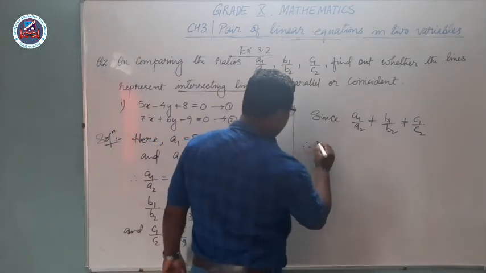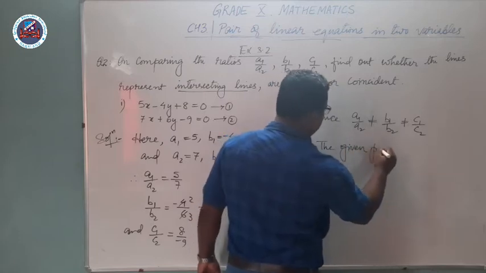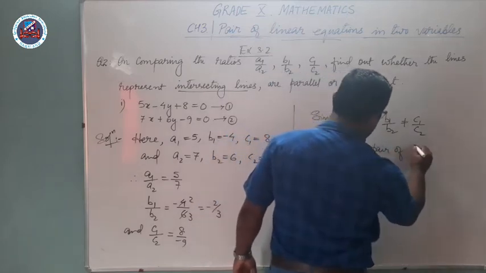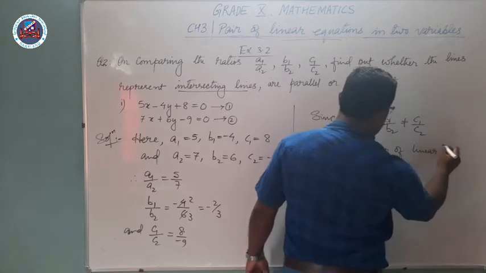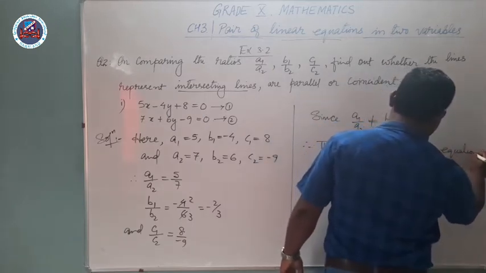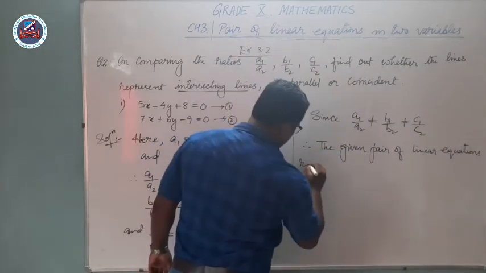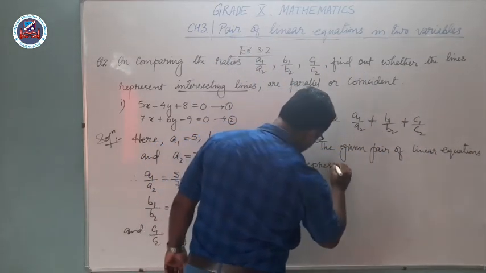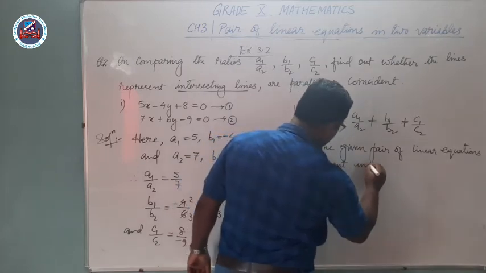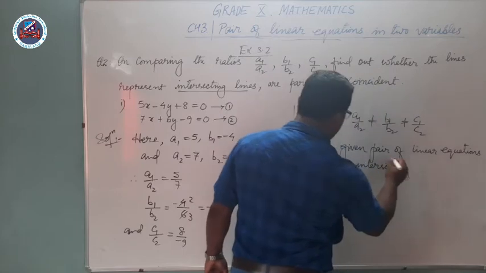Therefore, the given pair of linear equations represent intersecting lines.